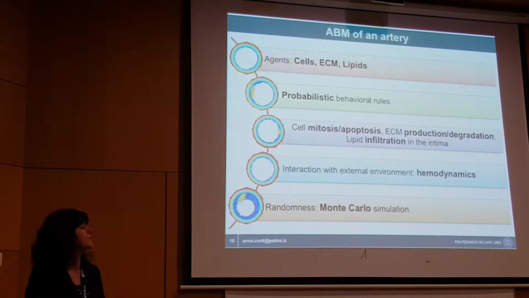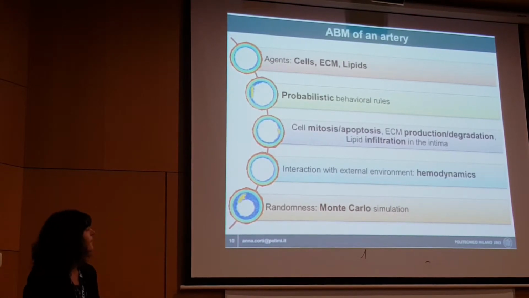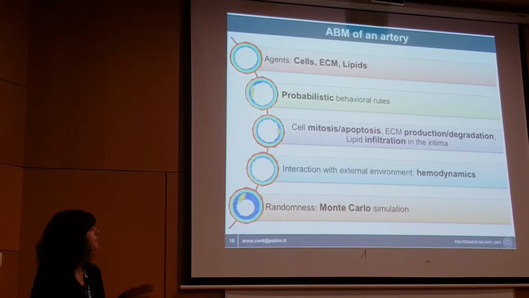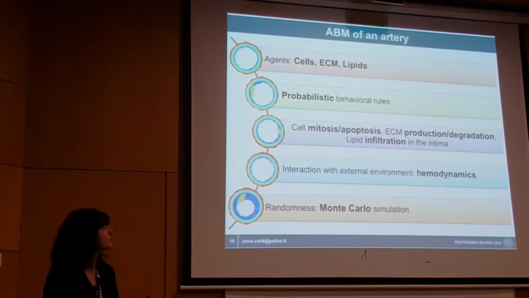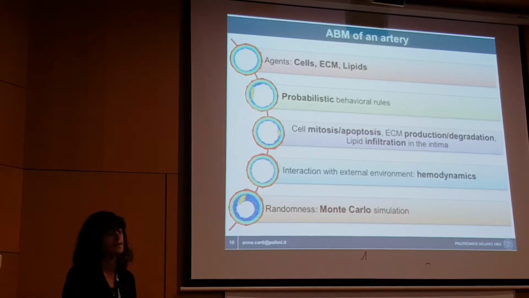These events are also modulated by the interaction with the external environment, which is hemodynamics in this case. Finally, the present model is stochastic, and the Monte Carlo simulation is used to introduce a certain degree of randomness that characterizes biological system.